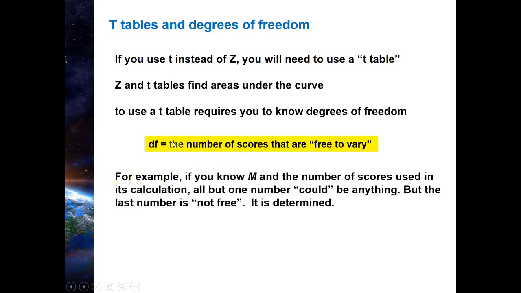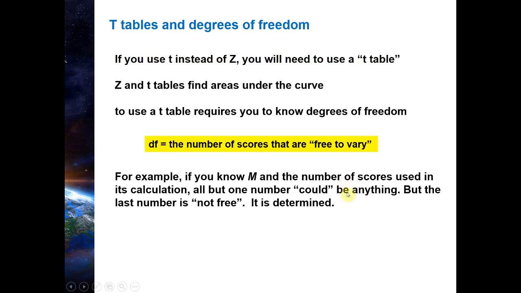Saying that the degrees of freedom are the number of scores that are free to vary is basically saying that if you want to calculate something, like the mean of a sample, when you calculate a statistic, the numbers that make up this statistic could conceivably be anything except for typically one number.